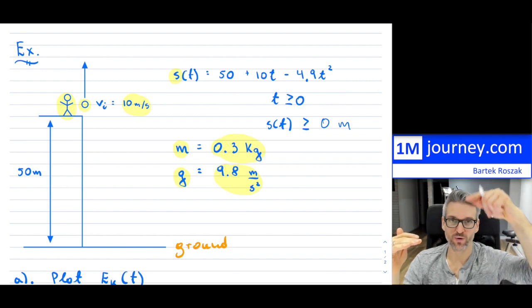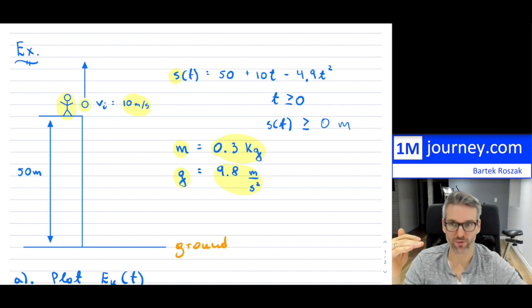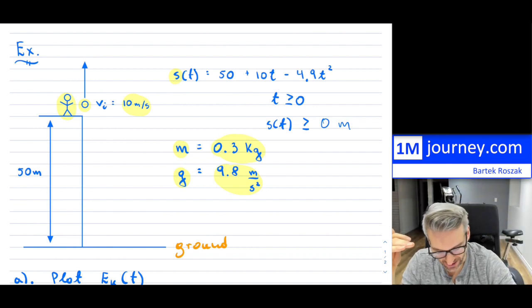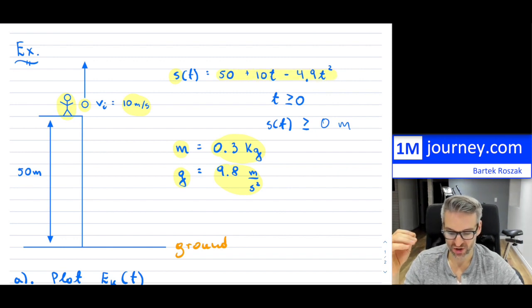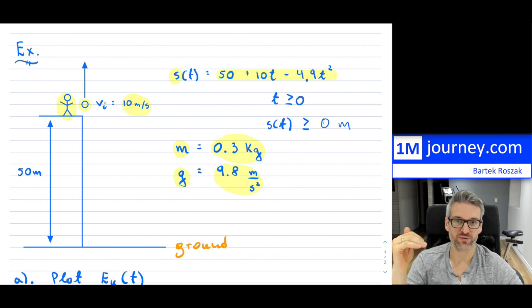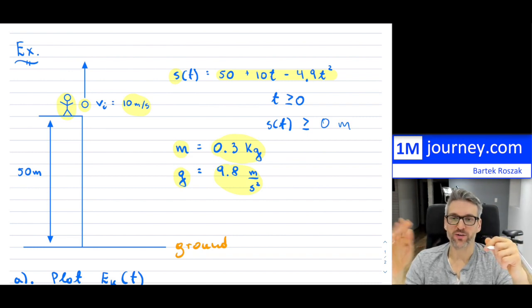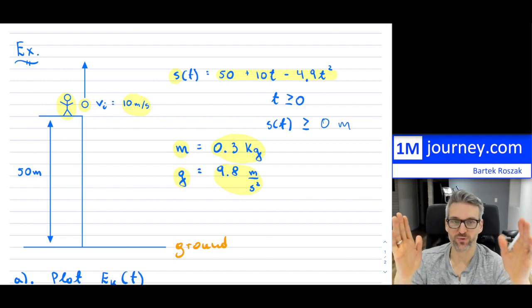So the ball's going to go up. Gravity is acting on it, so it's going to slow down. And then eventually it's going to fall back down. And that is my equation for the position that I am relative to the ground. And of course, we're going to do it from time 0 all the way until it hits the ground. We can't really go and bypass the ground.